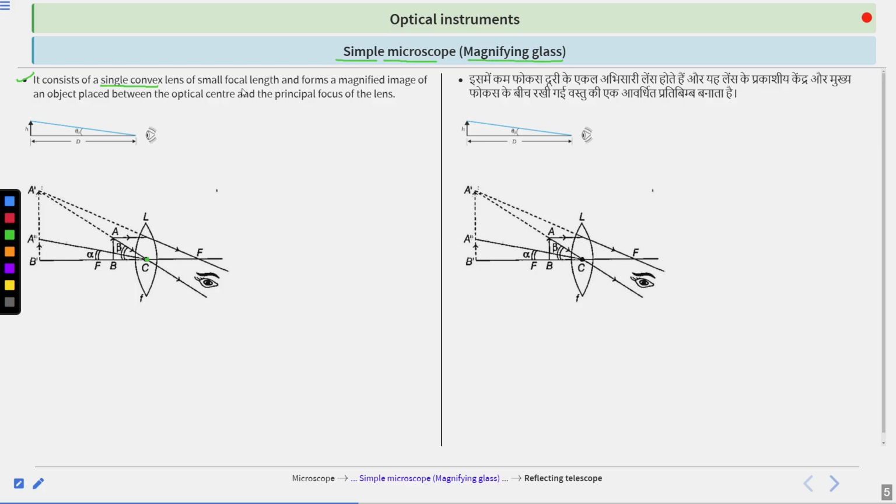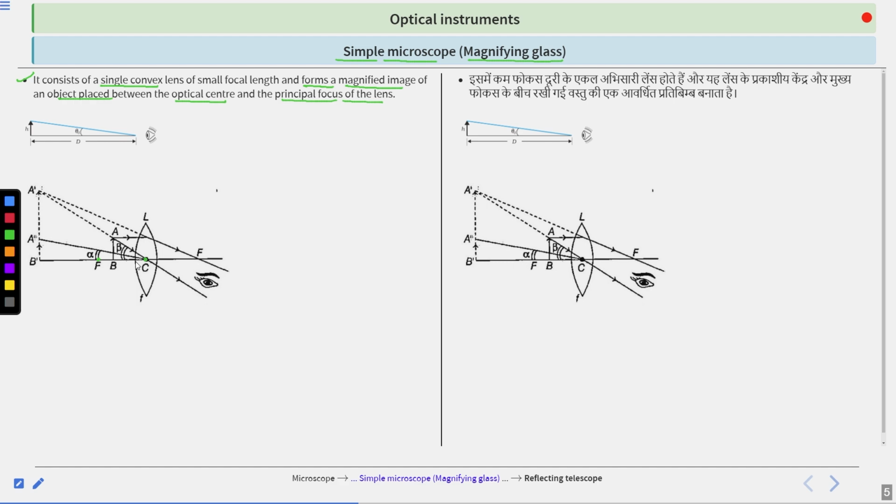The simple microscope forms a magnified image of an object placed between the optical center and principal focus of the lens. Here this straight line is known as the principal axis. Listen carefully. This is the focal point, and this is the optical center.